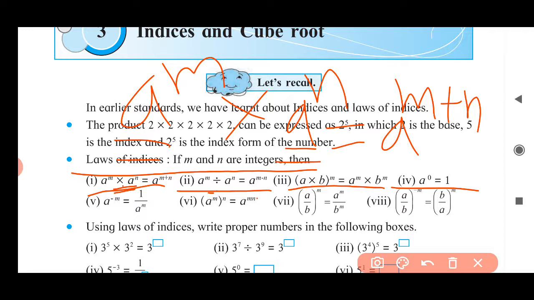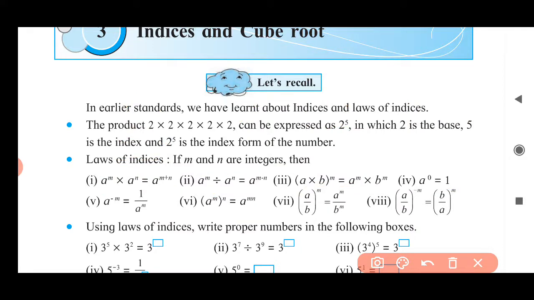Here a raised to minus m is equal to 1 upon a raised to m. Any negative index of a given base is equal to 1 upon a raised to m, the reciprocal of the number. Then the sixth rule, a raised to m, raised to n, means a raised to m in a bracket raised to n, means what? a raised to m into n, then multiply it.